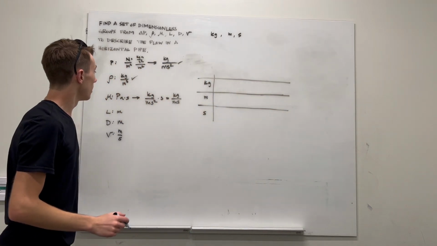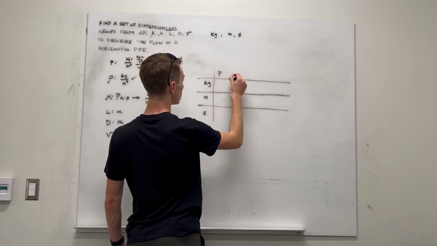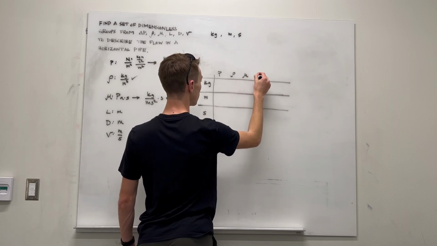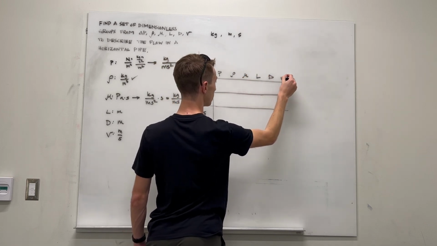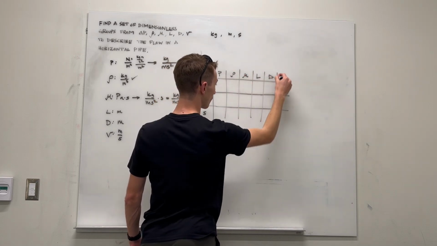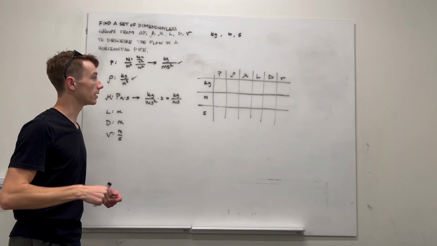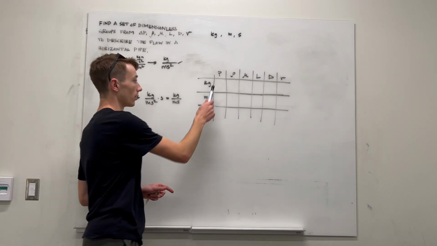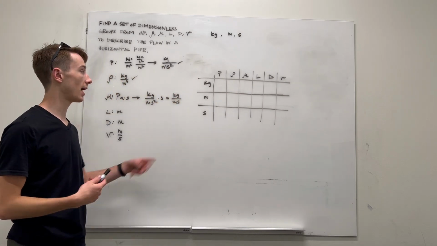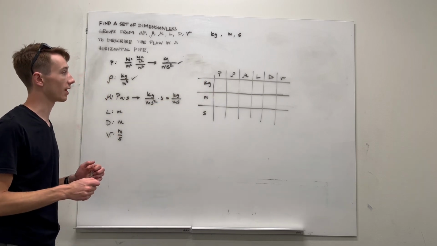And then we have the following variables: pressure, density, mu, L, D, and velocity. Now what we're going to do is write numbers in each of these cells that correspond to the power to which the unit is raised in the dimension for that variable.